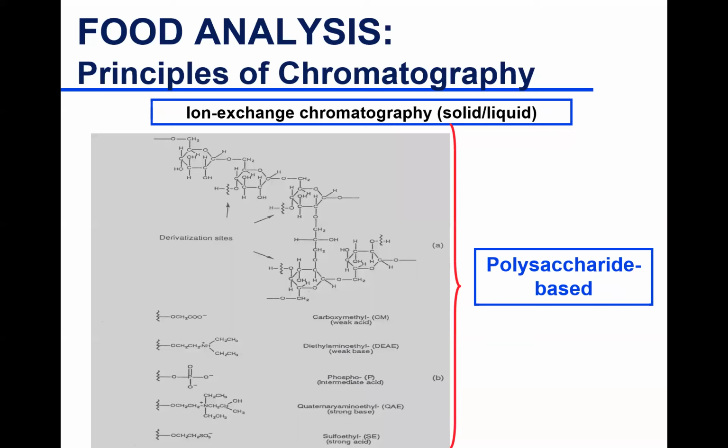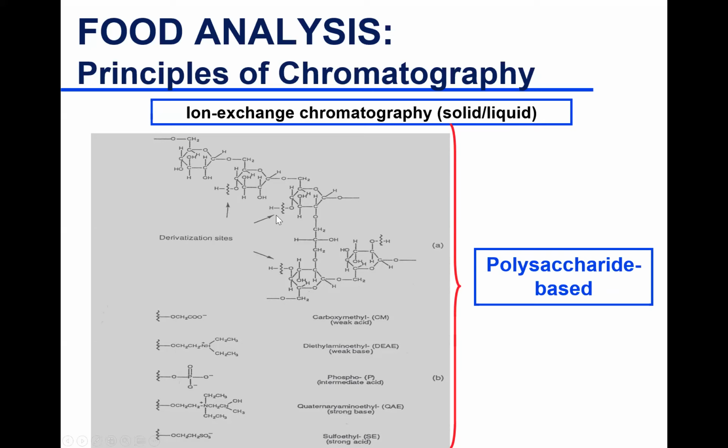A very common stationary phase for ion exchange is a polysaccharide-based stationary phase. Polysaccharides with glucose units as subunits that are cross-linked. Here the OH groups are derivatized to give you negatively charged or positively charged functional groups.